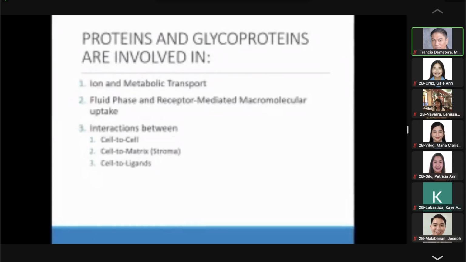So the membrane is liberally studded with a variety of proteins and glycoproteins that are involved in ion and metabolic transport, fluid phase and receptor mediated macromolecular uptake, and interactions between cell to cell, cell to matrix, and cell to ligands.